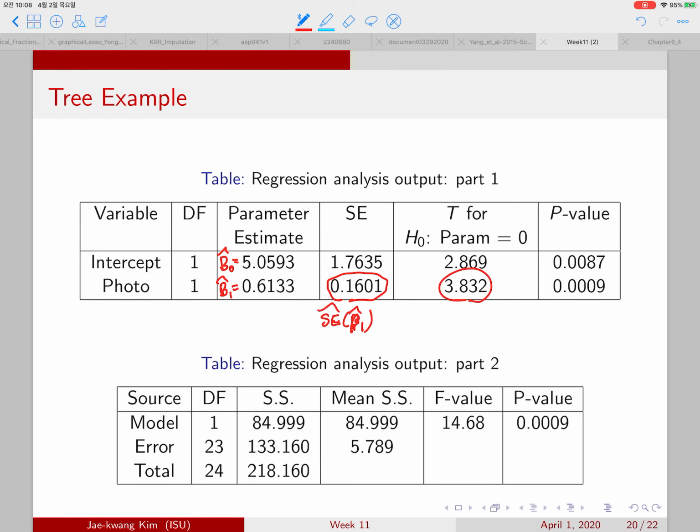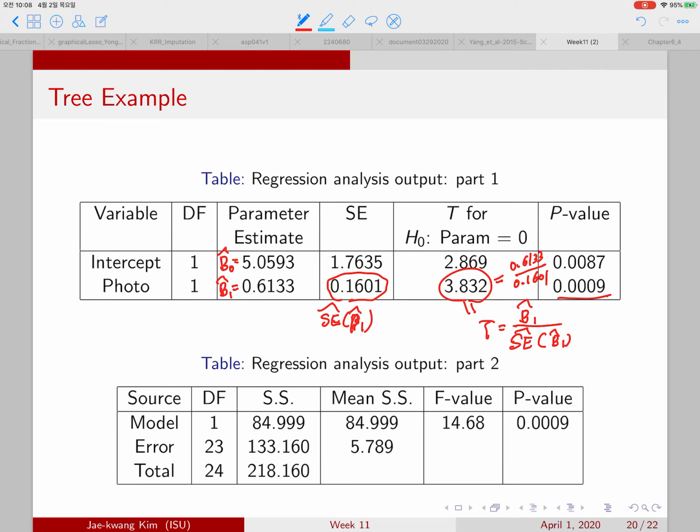So this is a T, is B1 hat divided by standard error of the B1 hat. Okay. So basically this is 0.6113 divided by 0.1601, something like that. And this is the p-value corresponding to the t distribution.